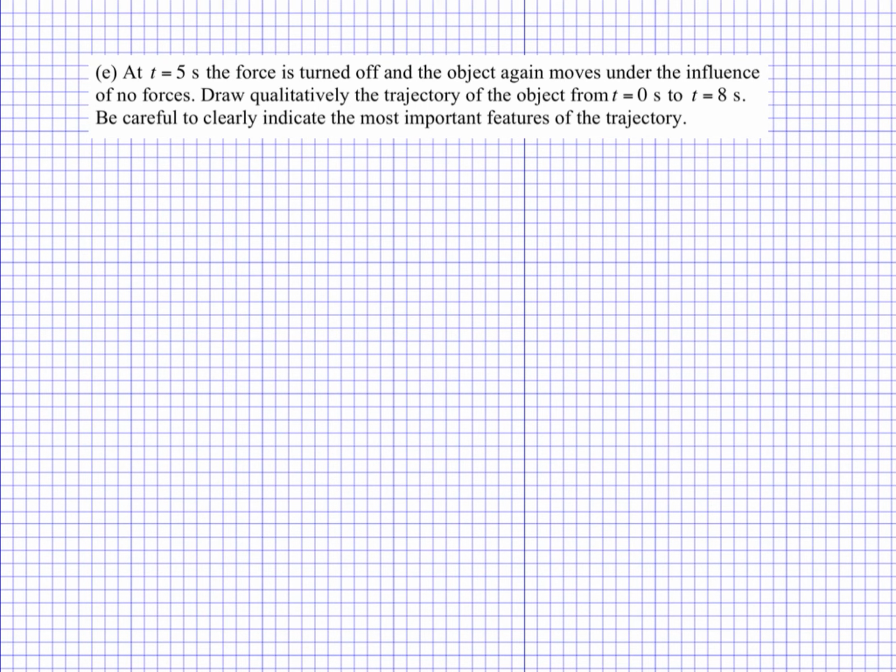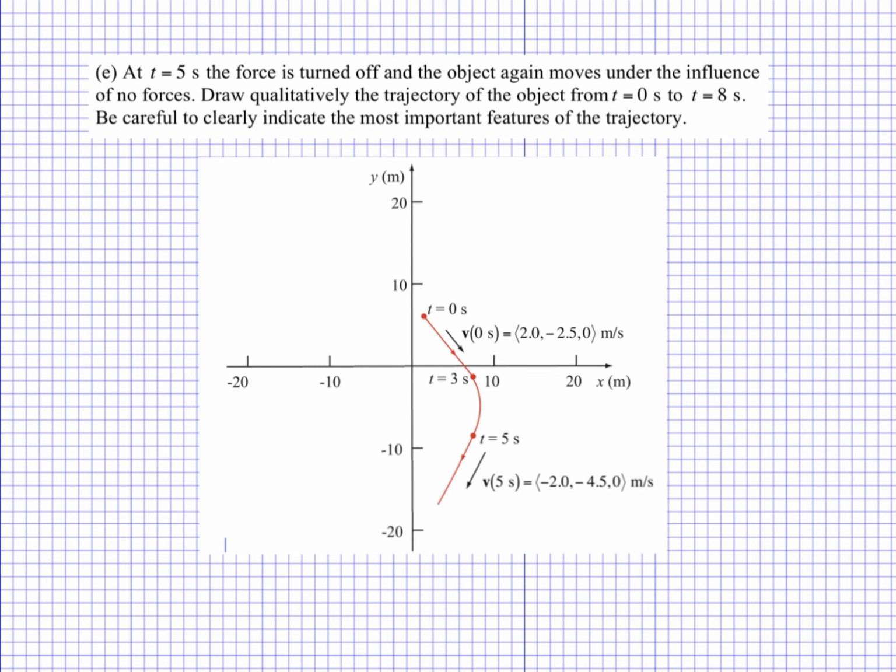So let's try to sketch out the whole trajectory, say for a time period between t equals 0 and t equals 8 seconds, so that includes the 3 seconds after the force is turned off. After 5 seconds, it's going to continue to move at whatever velocity it had at 5 seconds because there's no acceleration anymore.